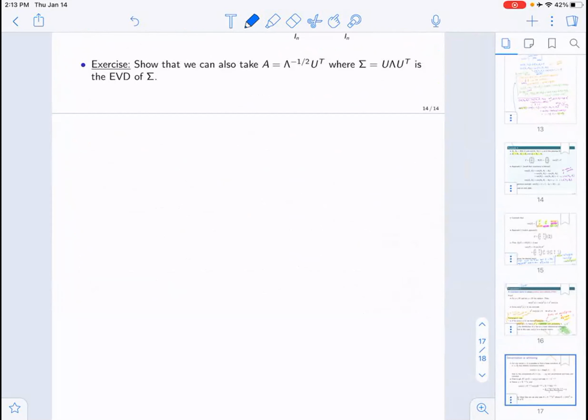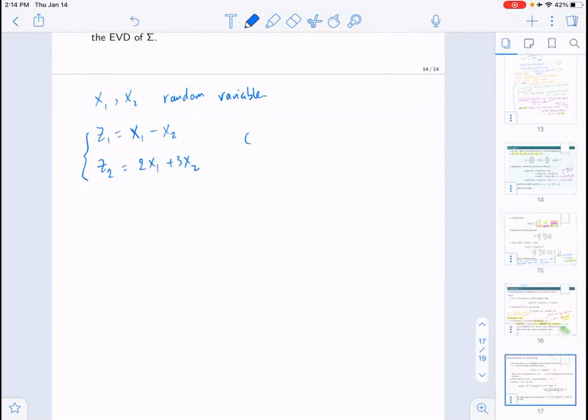So let's say I have x1 and x2 random variables. And let's say I have z1, which is x1 minus x2, and I have z2, which is 2x1 plus 3x2, right? And then I want to compute the covariance matrix of z1, z2.